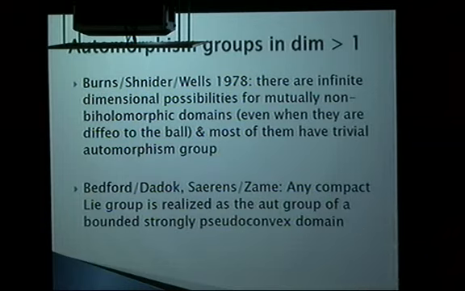One thing is that for those domains in dimension 2 or higher, in dimension 1, the Riemann mapping theorem says that those are all simply connected bounded, therefore all disks, so up to biholomorphism we are not gaining anything. But in dimension 2 or up, most such domains have just one element in the automorphism group, which is the identity map. So there's nothing to prove in most cases.